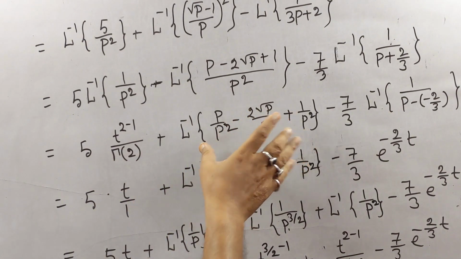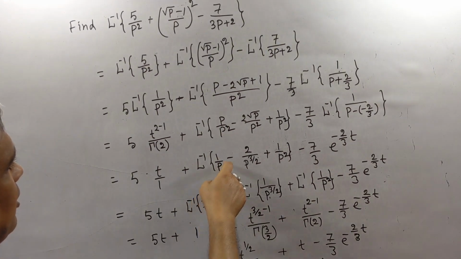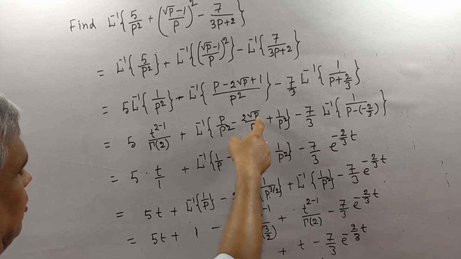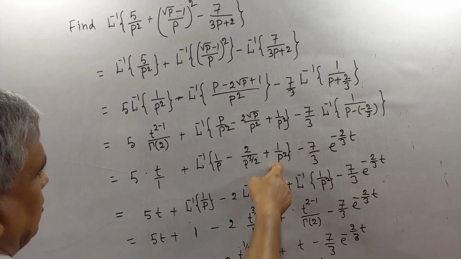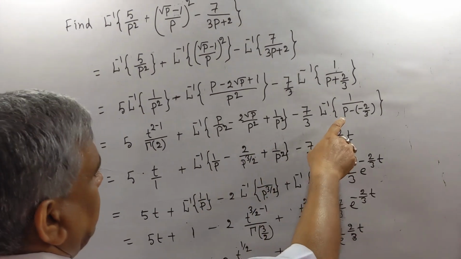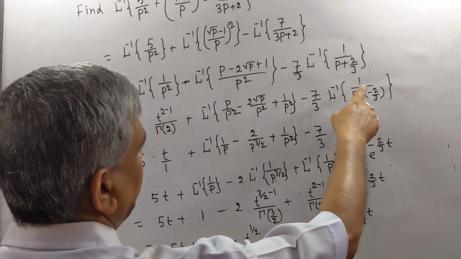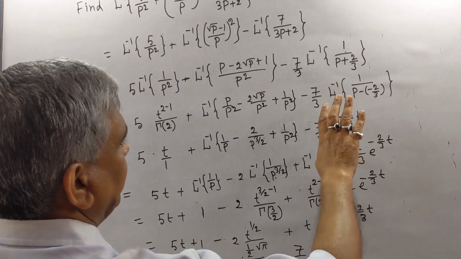We take separately L inverse p by p square means 1 by p, 2 by square root p by p square, p to the power 3 by 2, plus 1 by p square, and 7 by 3. The formula of this: L inverse 1 by p minus a is e to the power at.